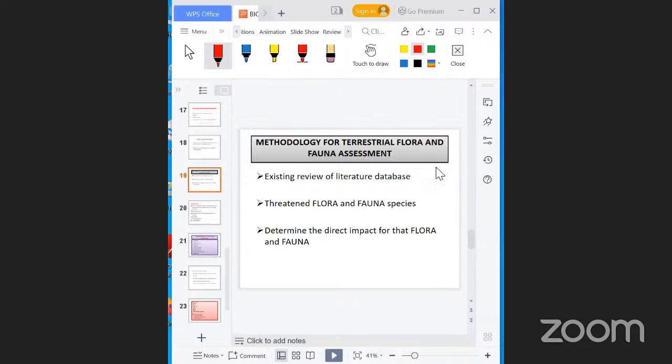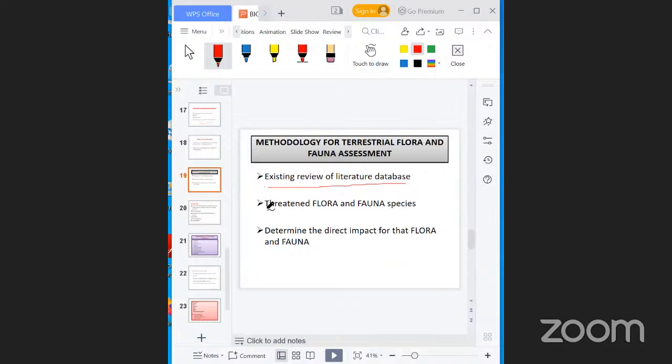And next, we are going to the methodology for terrestrial flora and fauna assessment. So we can have the desk-based evaluation for all the relevant information. First of all, this is done by reviewing existing literature, databases and site-specific information for some of the specific areas, right?